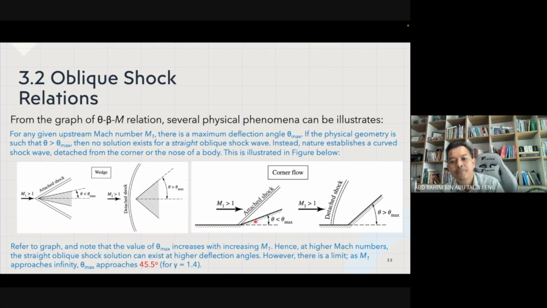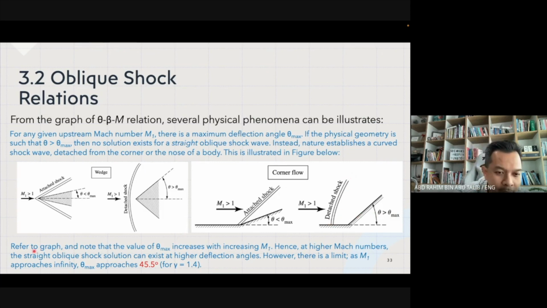Similarly for the corner flow, again with Mach number more than 1, if theta is less than theta max, you can smoothly see the attached shock formation. However, if theta is more than theta max, you can see that the shock is already detached.